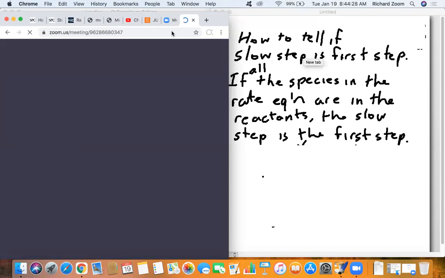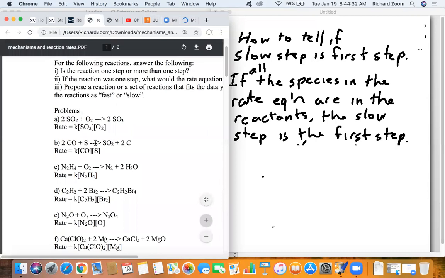Is the slow step the first step? We're talking about B here.